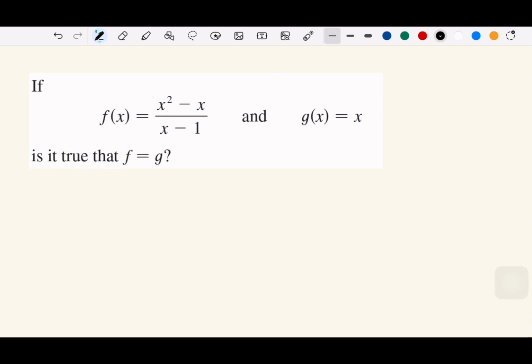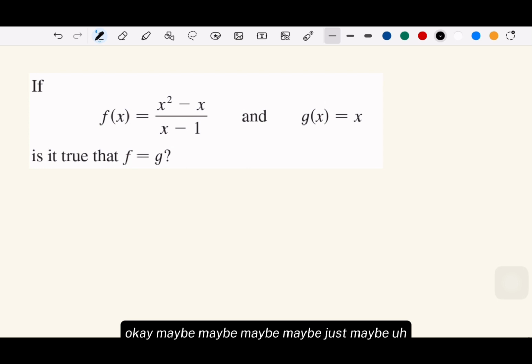Anyone agree that it's true? Is it true? You think it's true? Maybe? Okay. It could be. It is true? Why? Because when we change x squared minus x into x minus 1... Let me detach this for a while.